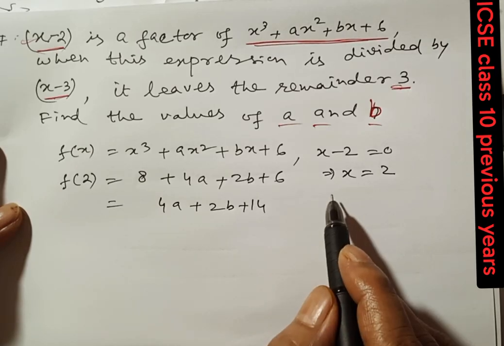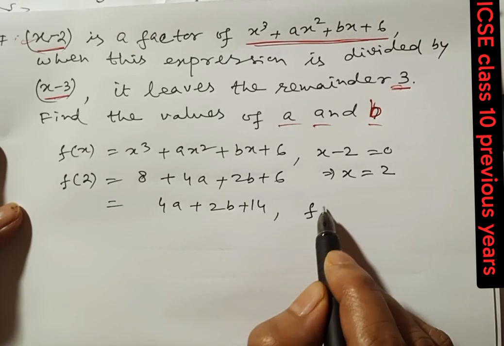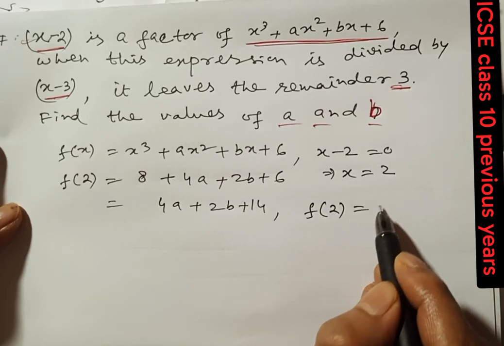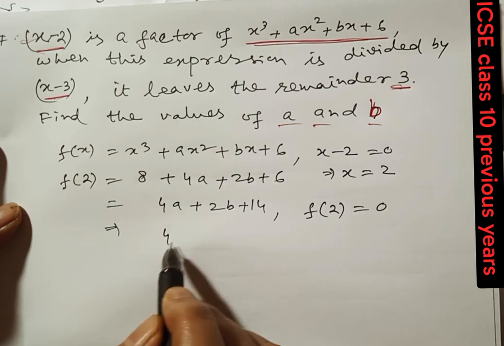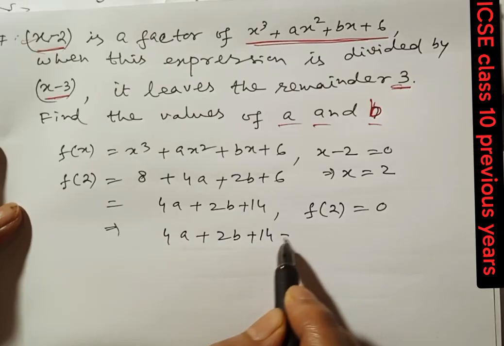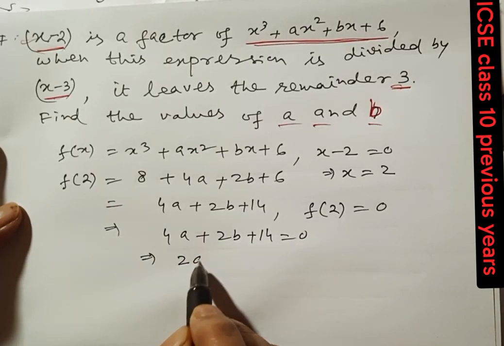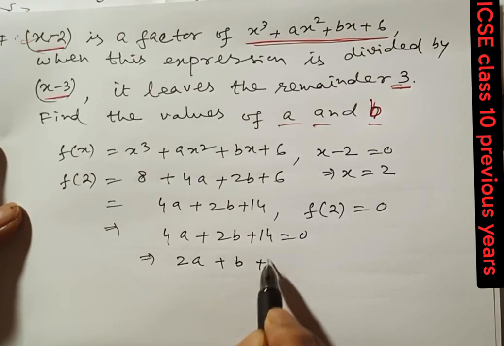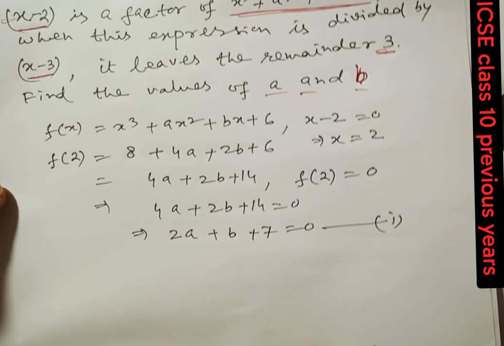And since x minus 2 is a factor of f(x), f(2) will be 0. So we get the equation 4a plus 2b plus 14 equal to 0. 2 is common, so 2a plus b plus 7 equal to 0. This is one equation.